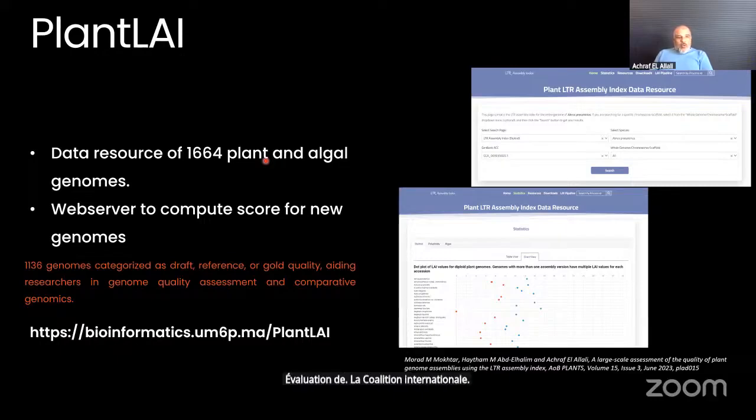So we computed all of the available genomes at the time that were of good quality. There were more at that time, but they were so low quality that LAI is not even a valid approach. So we took all the ones we could, computed it, and put it in a database. People can access it.